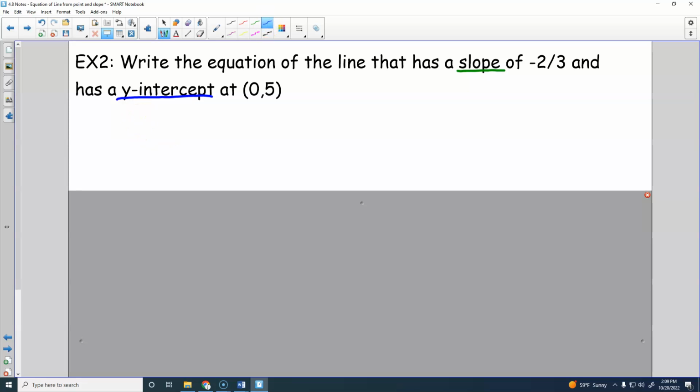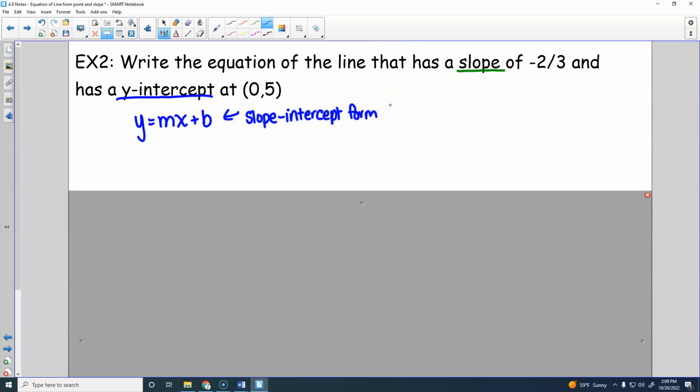Now, whenever I have my equation y equals mx plus b, what's that called? What's the name for that form of a line? It's not standard. Standard's when you've got like 2x plus 3y equals 7. It's slope-intercept form.